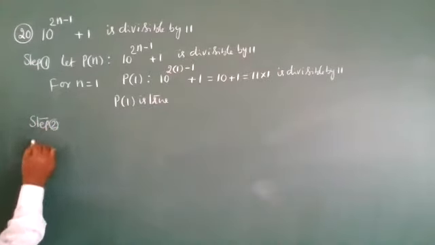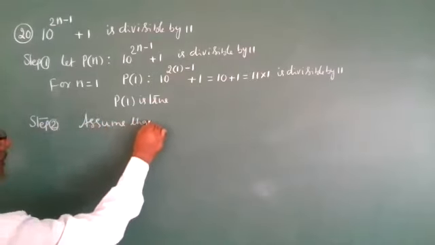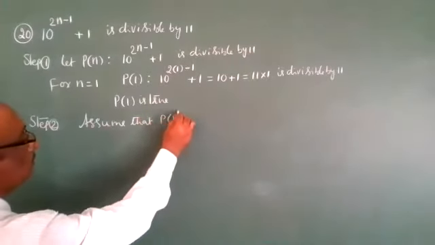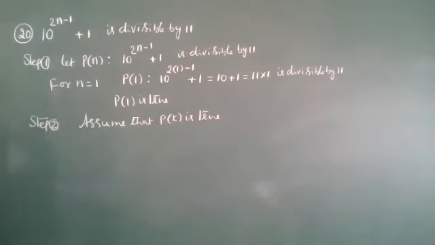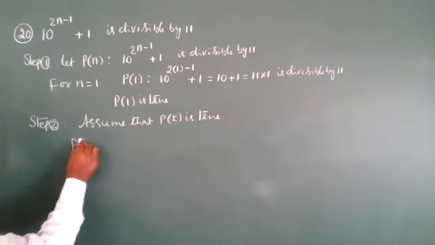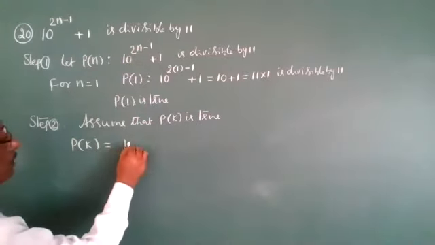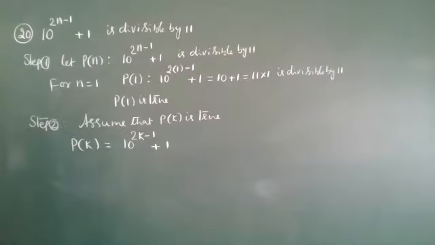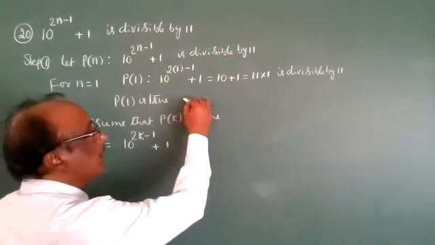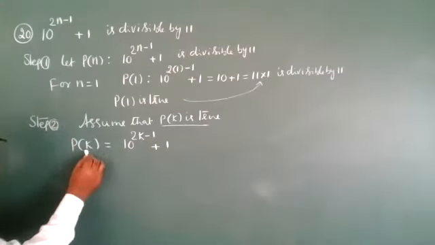Step 2, write down everyone. Assume that P of k is true. P of k is equal to, in place of n write k: 10 to the power of 2k minus 1, plus 1. P of k is true means 11 into some number.